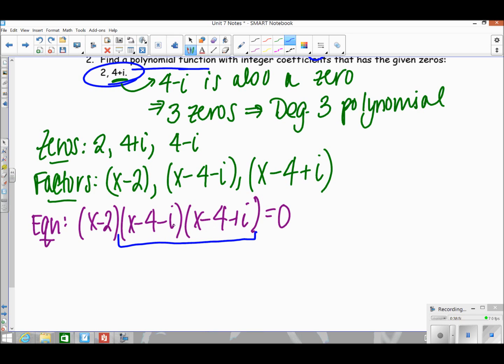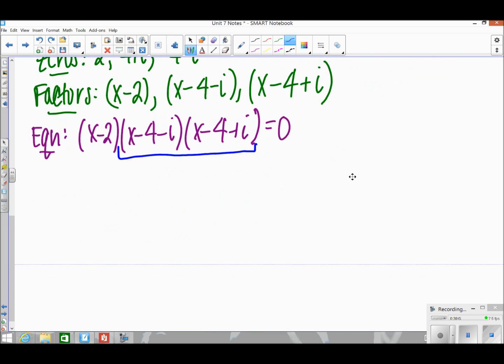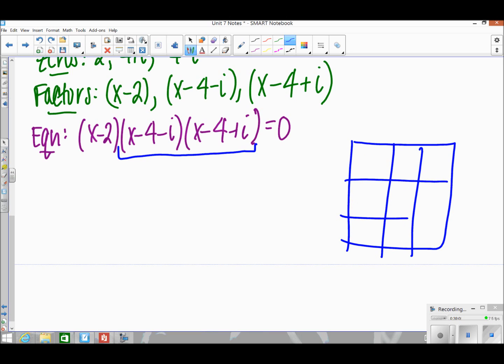So if we multiply these two pieces together first, it'll actually make the math much easier. So let's go ahead and do that. We're going to need a 3 by 3 grid since we have 3 terms in each. So x minus 4 minus i, x minus 4 plus i.